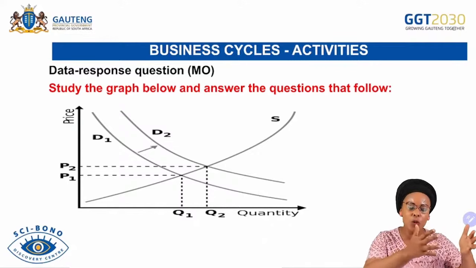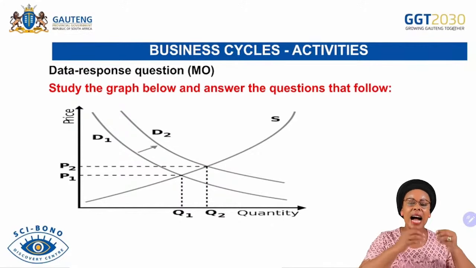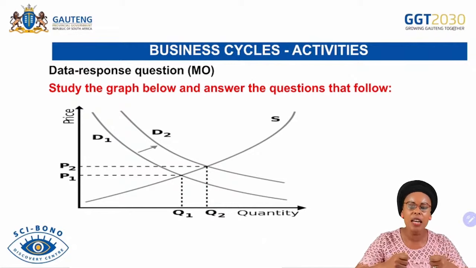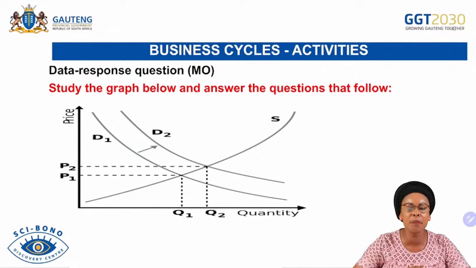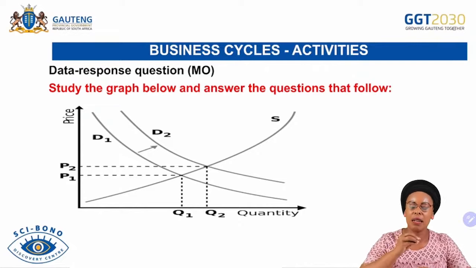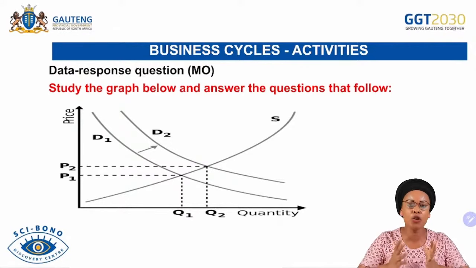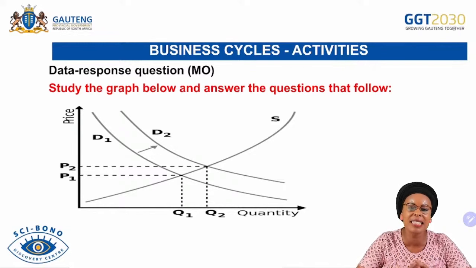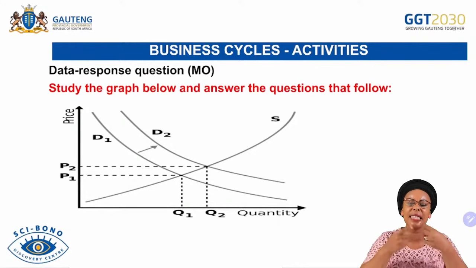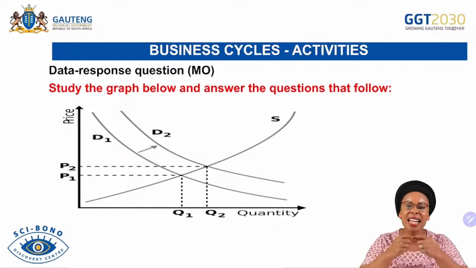After you were taught a particular content, after you learned about it, you gather past exam question papers and look for data response questions. Where are they found? They are found in section B of our past exam papers. What you need to master about this type of question is that they start with easy questions, then they are scaffolded into moderate questions, then the last question will be a little bit difficult.